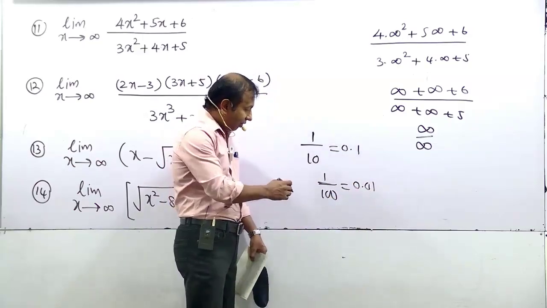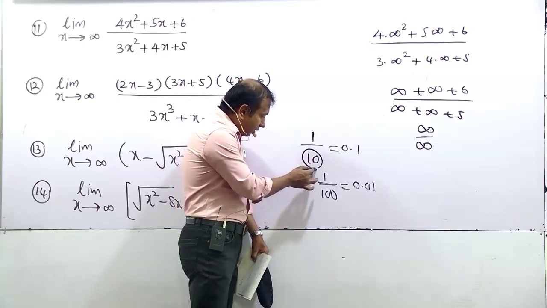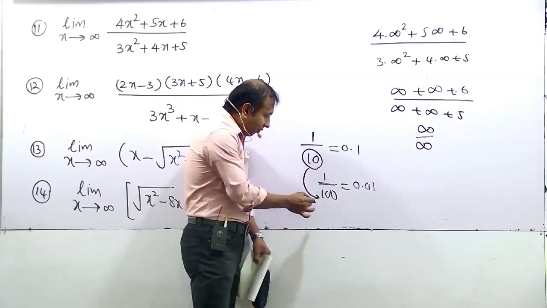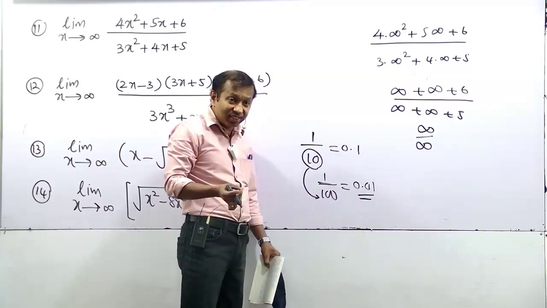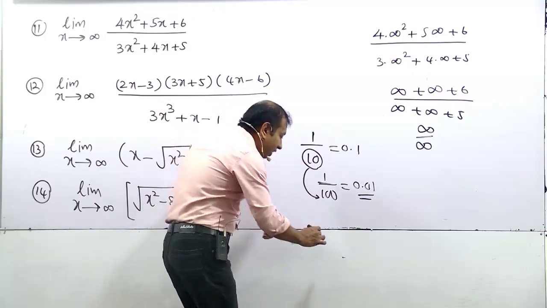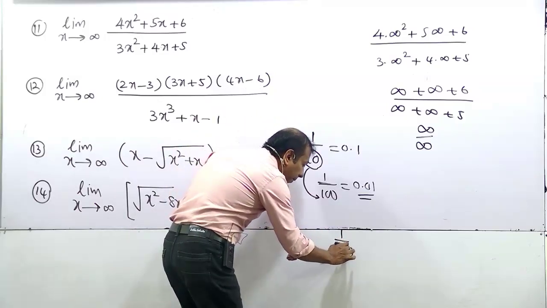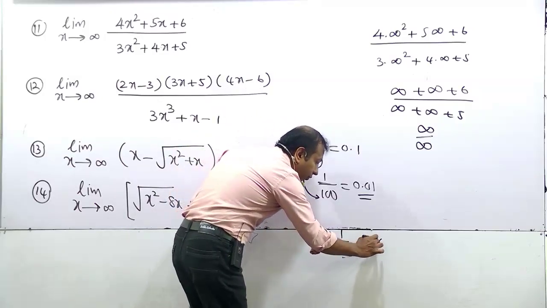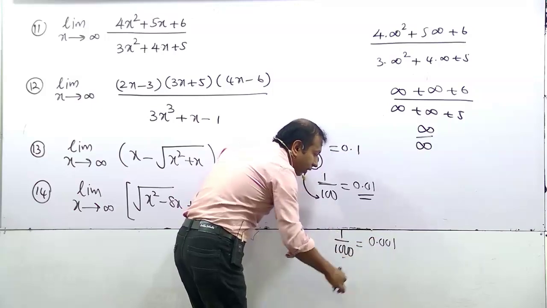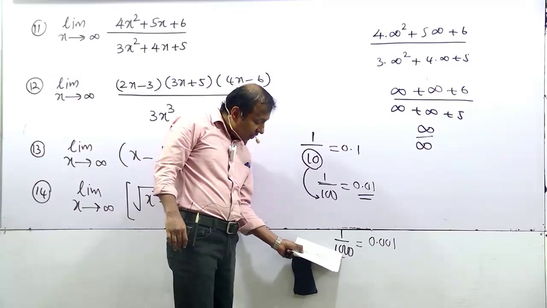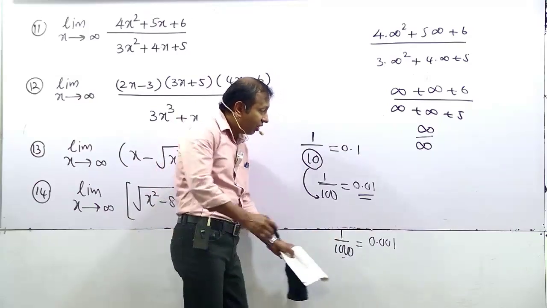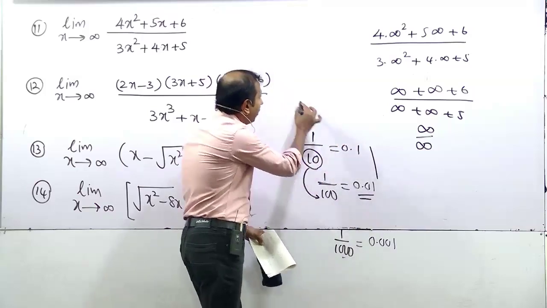You can see when this denominator is increasing, what can we say about the resulting answer? Decreasing. So if I take one more, 1 over 1000, 0.001.